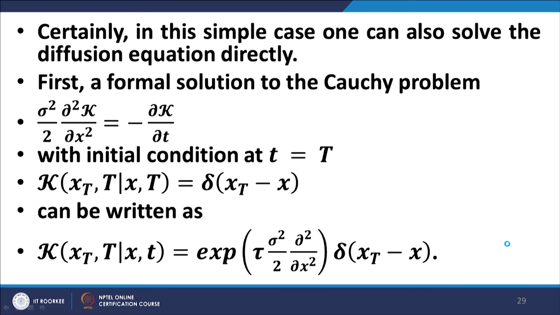So, this expression is immediately the solution to the driftless diffusion equation given here in the middle of the slide.